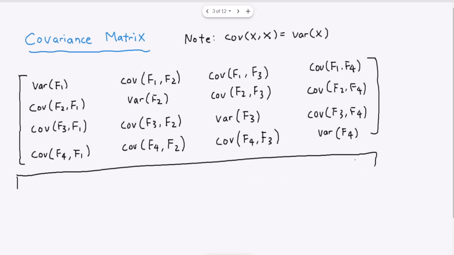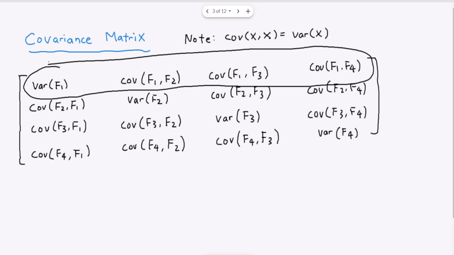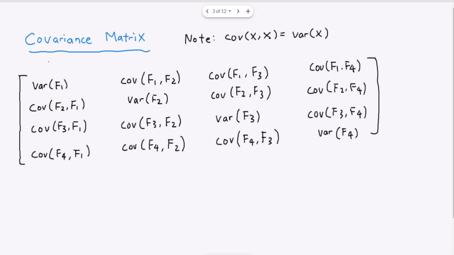But that's because a covariance matrix is always going to be a square matrix, and the size of it is only going to be the number of features it has. So if it has n features, then regardless of how many rows of data, your covariance matrix will be n by n. And I made a note up here in case you may have forgotten from statistics that the covariance between a variable and itself is just the variance.